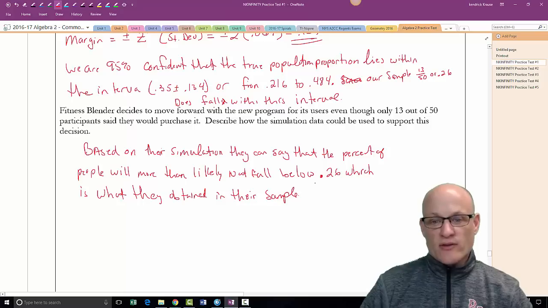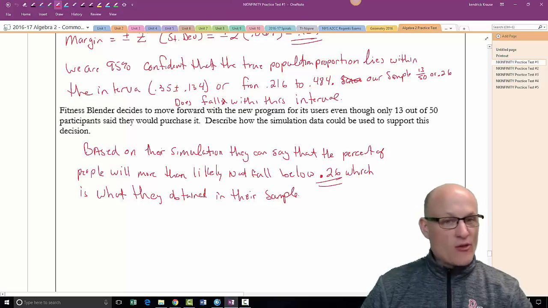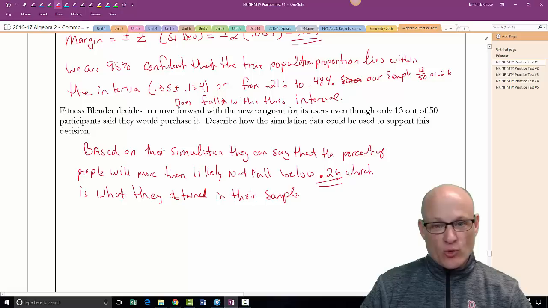In other words, the sample that they got was on the low end of this interval, 0.216 to 0.484.